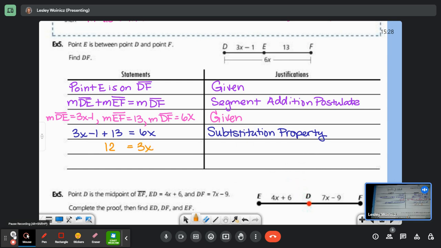Okay, so doing that, I think we did combining like terms and the subtraction property of equality. I kind of ran out of room.